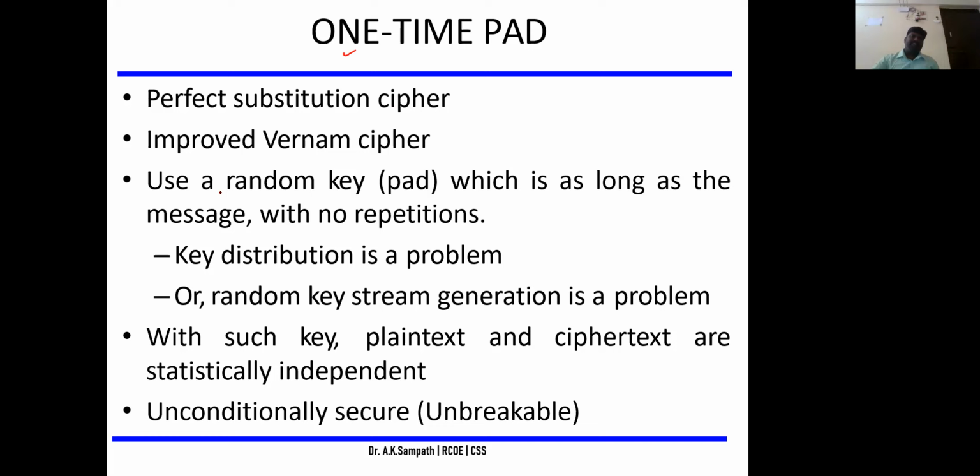Say, for example, laptop is the plain text, and the key can be selected as anything, maybe electronics. The only thing is to make sure that the length of the plain text and the key are equal. That should be matched. Otherwise, encryption is not possible.